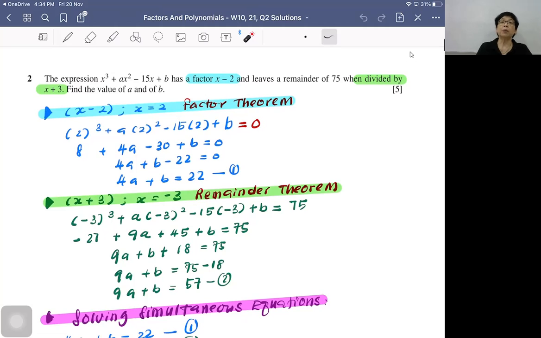Now, remainder theorem simply means that when you have a divisor, and the divisor will be a binomial, it can be x minus 1 or 2x plus 1, whatever, it is always a binomial. From the divisor, you draw out the x value, and the x value always has the opposite sign to the divisor or the factor.